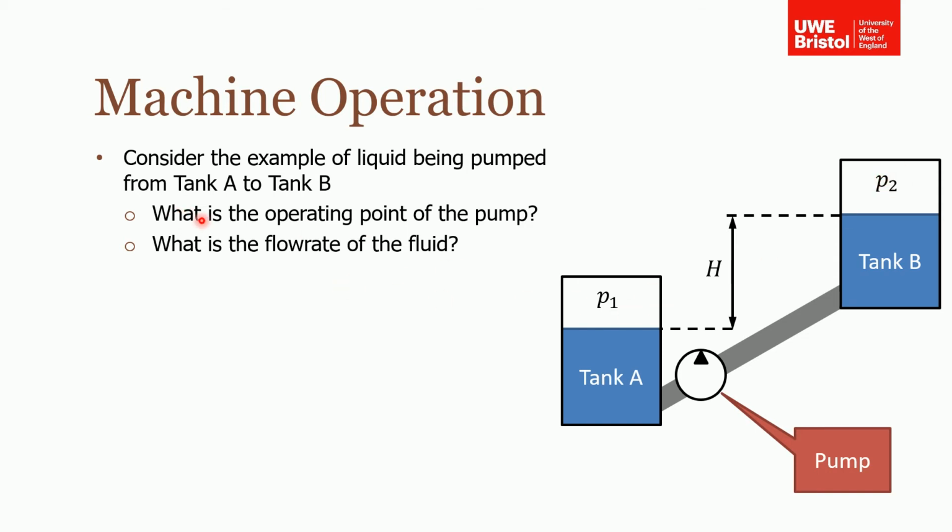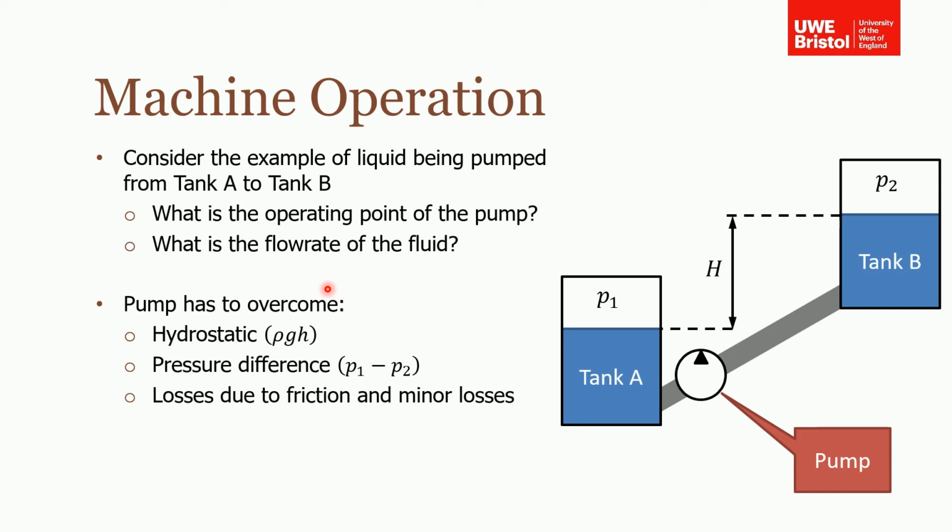So I'm going to show you in a generic way how to find the operating point of the pump, and also the volumetric flow rate of the fluid between the two tanks. If you think about it, the pump has to overcome the hydrostatic pressure. In other words, it's got to raise the fluid by height h, increasing its potential.